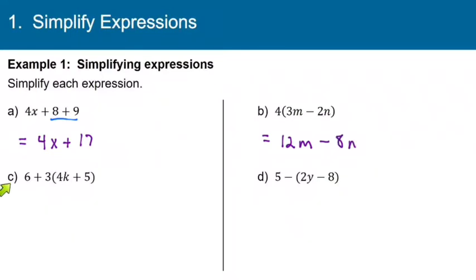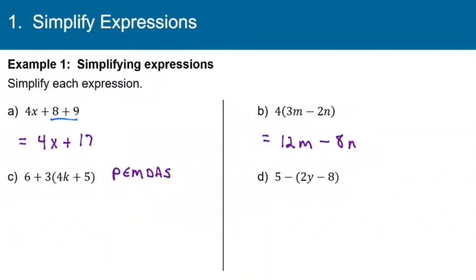Now look at part C. Here we have 6 plus 3 times, parentheses, 4k plus 5, close the parentheses. Now your first instinct here might be to add 6 plus 3 and get 9, and then distribute the 9. But we don't want to do that, and here's why. Remember order of operations.